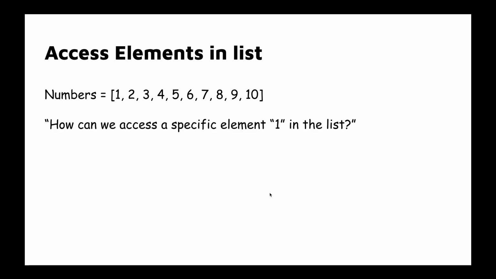Okay, now let's see how we can access elements in the list. Let's suppose that a list named number is already declared in Python. How are we supposed to access a specific element in the list? For example, 1, 3, 5, 7, or 10, or whatever element in the list.